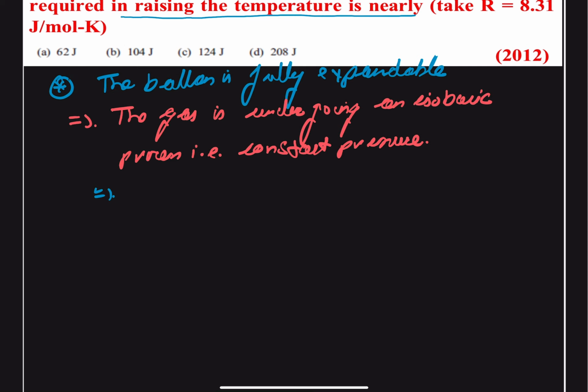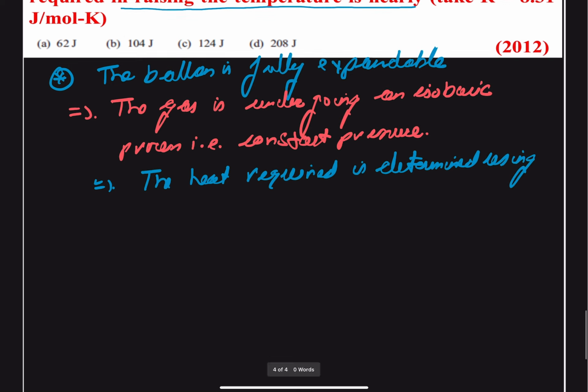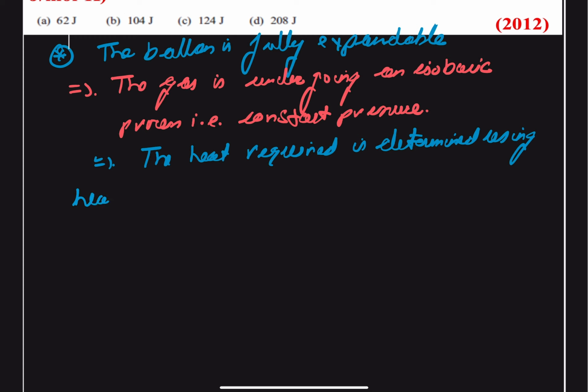You can say from here the heat required is determined using heat capacity at constant pressure, that is our Cp.